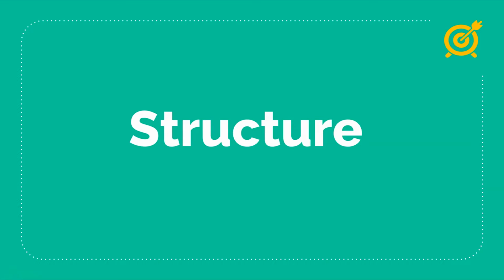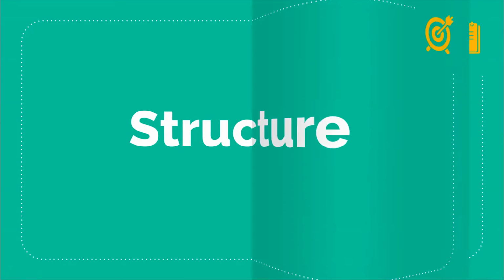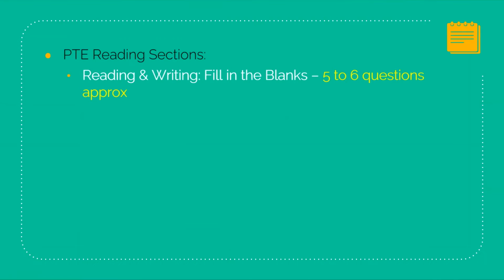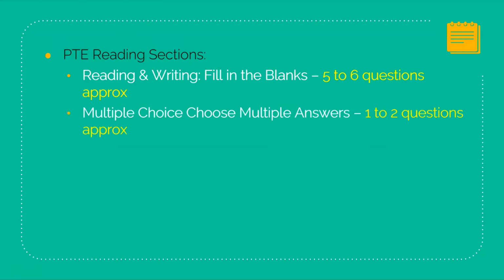Structure. The first question type that you see in the reading section is reading and writing fill-in-the-blanks, and you will get about 5 to 6 questions in the actual exam. The second question type is multiple choice, choose multiple answers, and you will get about 1 to 2 questions in the exam.